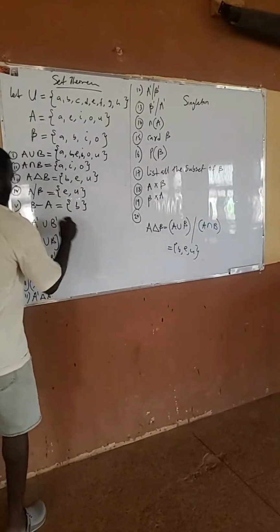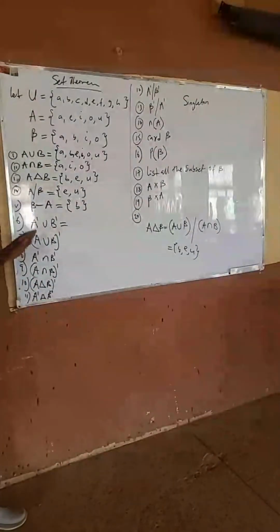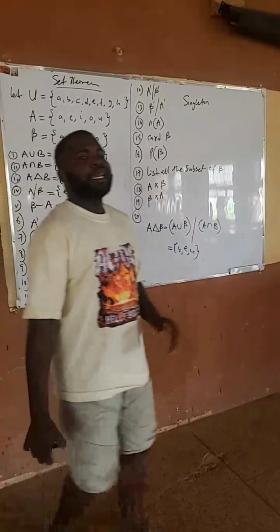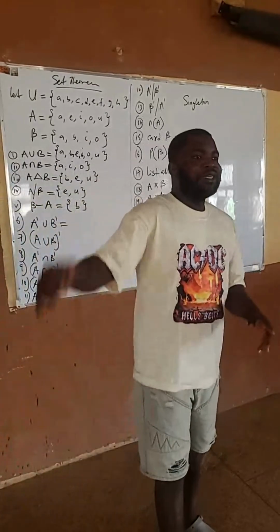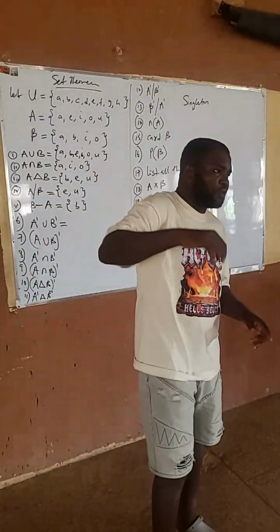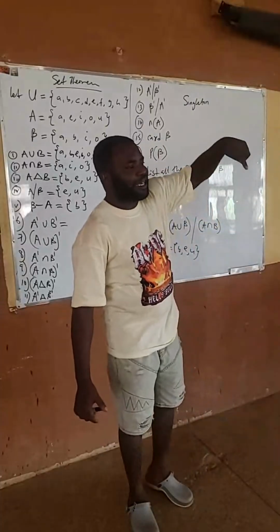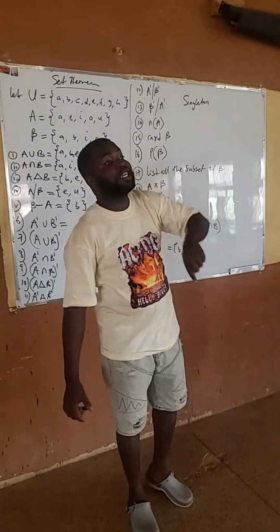Now look at this one. This one said we should find A complement union B complement. Now, anytime you hear complement, the main thing that you should take note of is the universal set. Complement simply means what we can see in the universal set that we cannot see in that set.